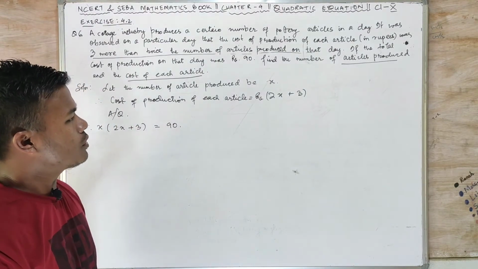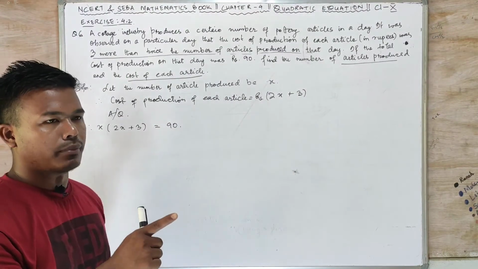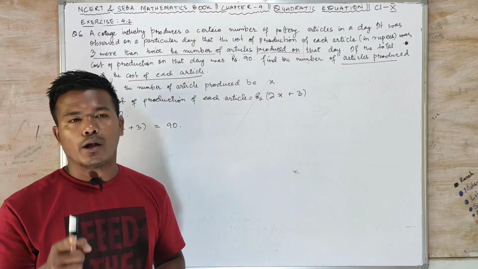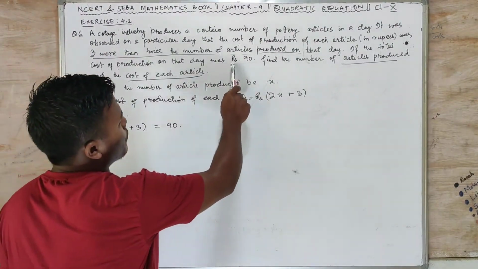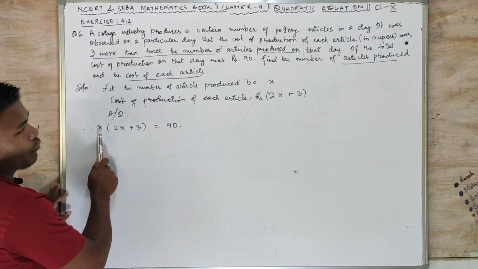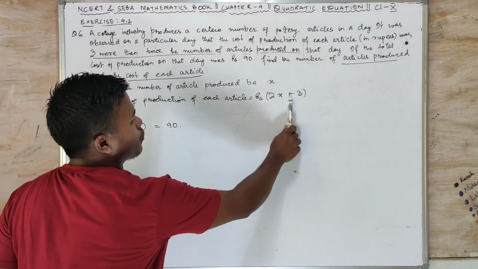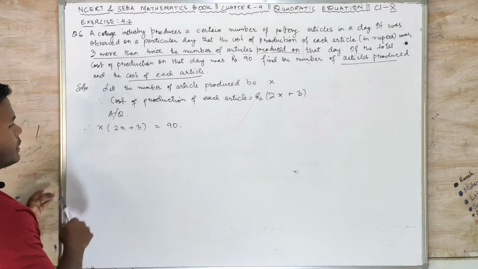It will cost 500. It means when you multiply the two numbers, 5 and 100, you get the total result. Likewise, the total cost of production here was 90. That means for a particular day, the number and the cost for one day, if you multiply them, you will get 90.